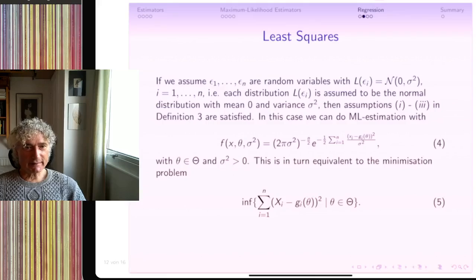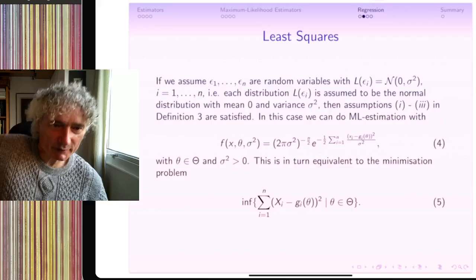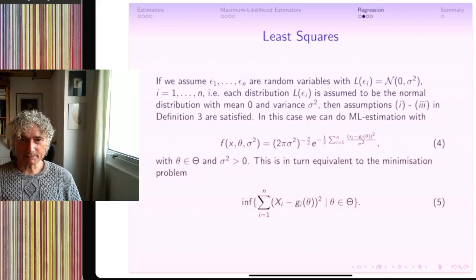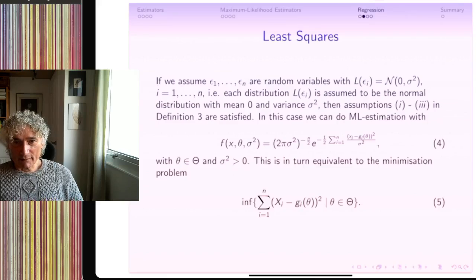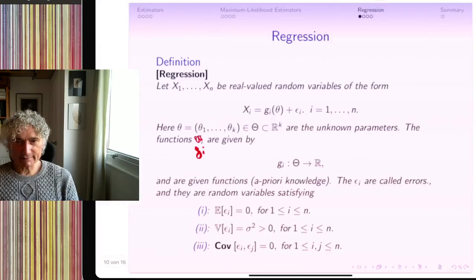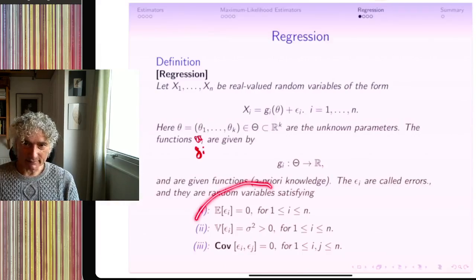So let's go to least squares. That is the idea we will have here mostly. We have these n different random variables, which are these error functions, and let's say each of the errors has a normal distribution N with a mean 0 and variance sigma squared, such that these three conditions which I discussed before are all satisfied.